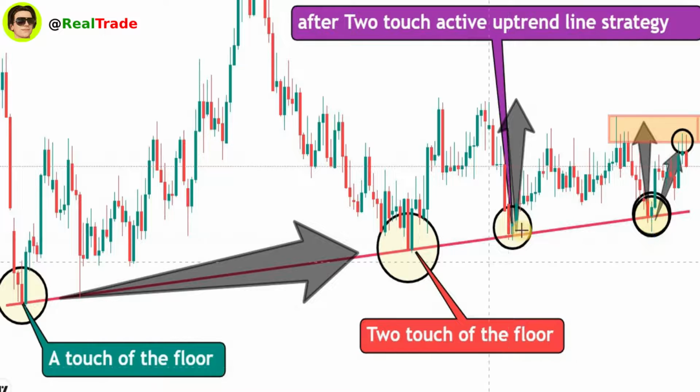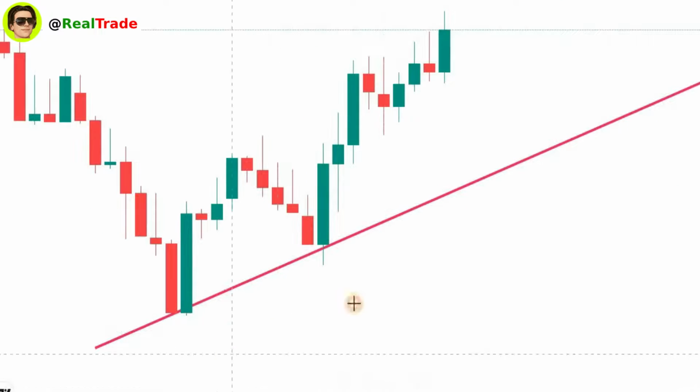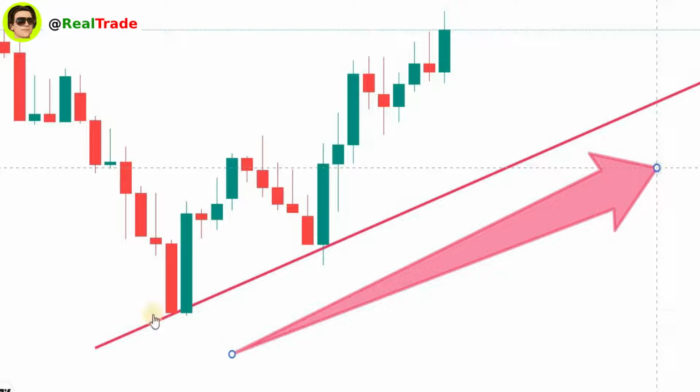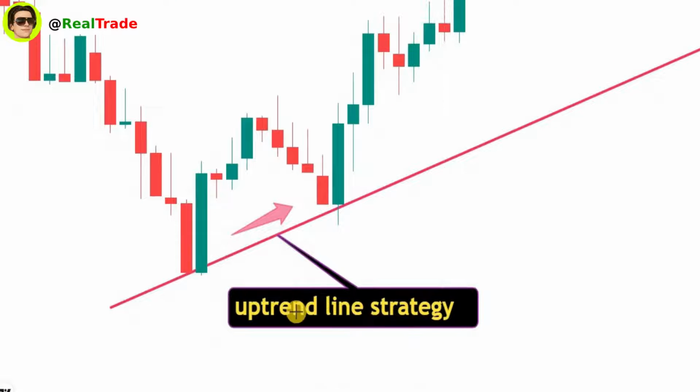Look at the chart. One touch, two touch, after two touch, active strategy. Three touch is position, four touch is position. I open position after two touch and buy position. Look at this line. Look at the red line. Yes, uptrend line strategy.